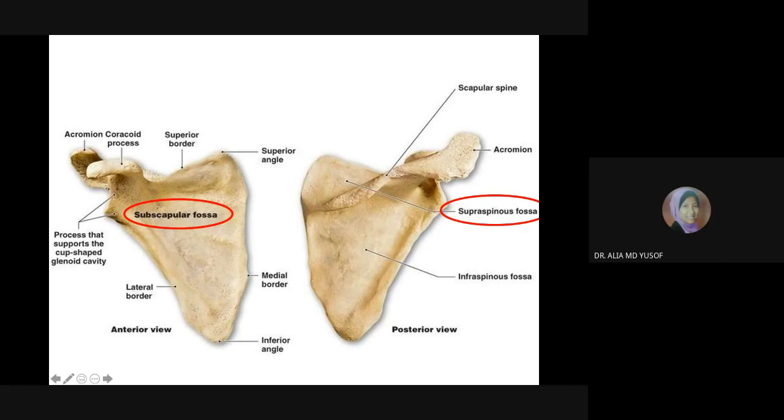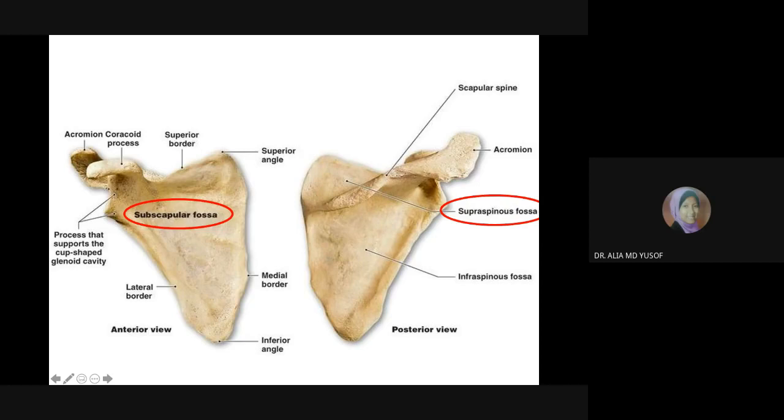So we look at the posterior. The acromion is actually the lateral part of the scapular spine, or spinous process of the scapula. You can use either term. You will see the front part of the scapula has no spine. But on the back, the posterior part of the scapula, there is a spine.